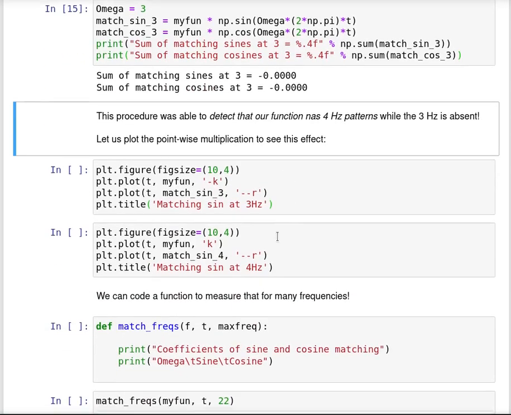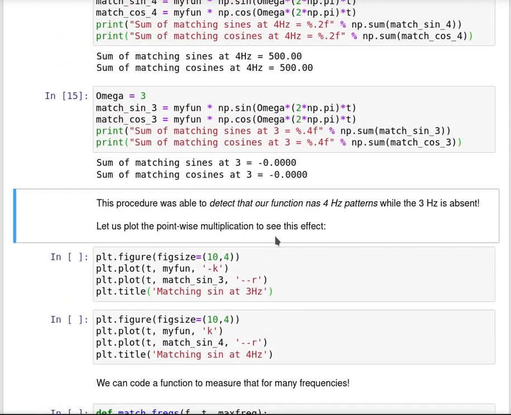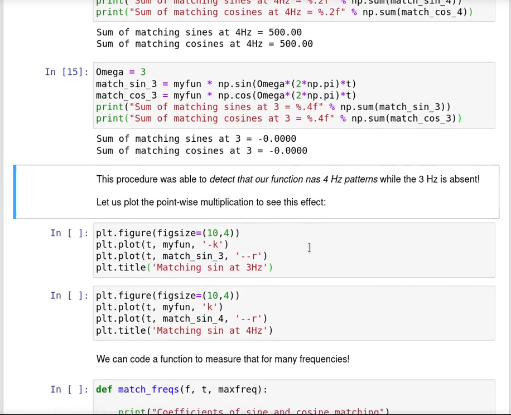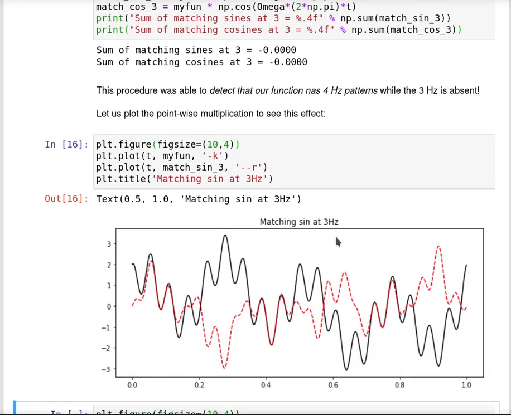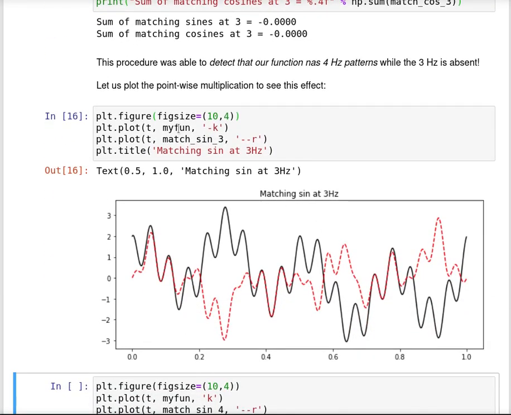Let us plot those 2 match products, but just for the sine, to see this effect. So when we plot the function against all the products between the function and a sine of 3 Hertz, what we have is this dashed line in red here.